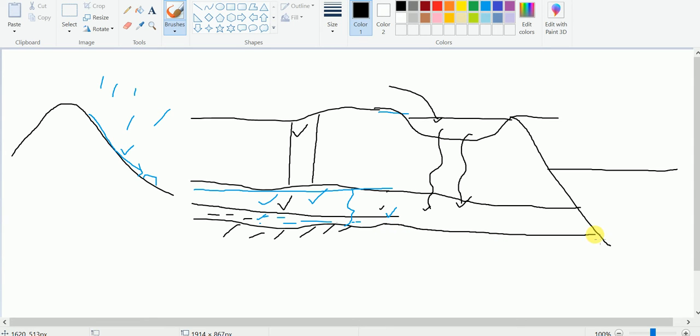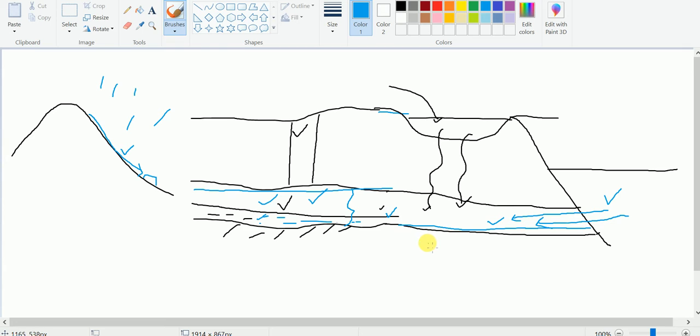So this is the aquifer meeting the sea, and let us say if the groundwater is overutilized, and the groundwater is totally dried up or the water table is low, then the saline water from the sea will intrude towards the land, so it will enter the aquifer. This saline seawater will enter the aquifer.